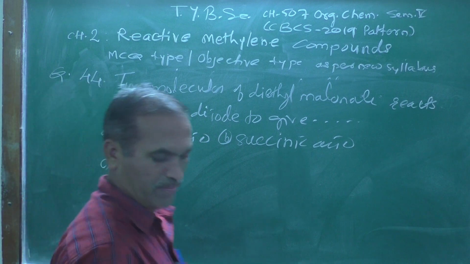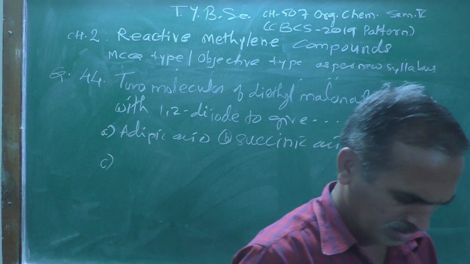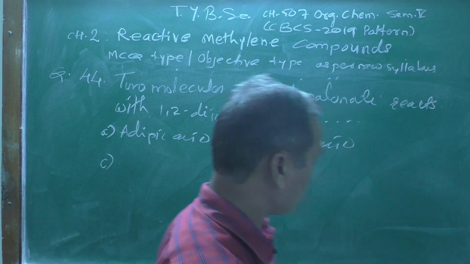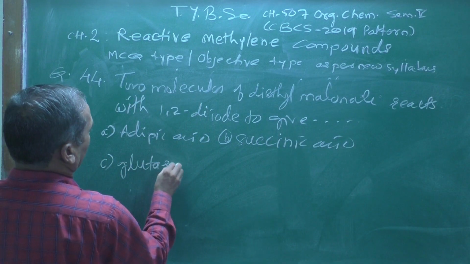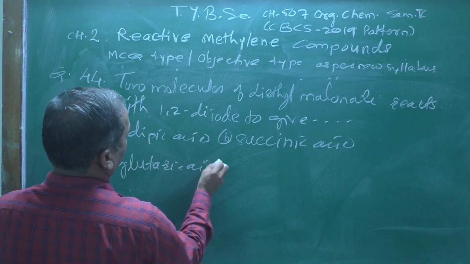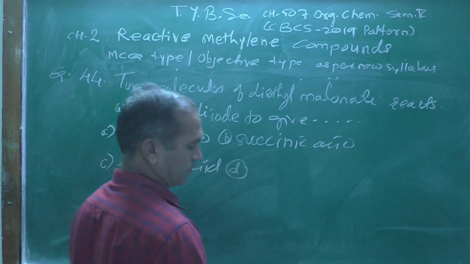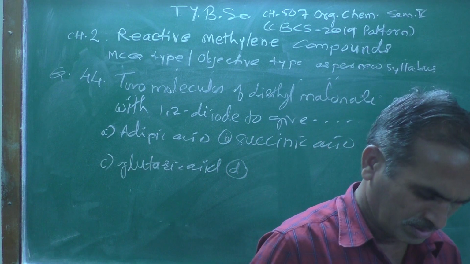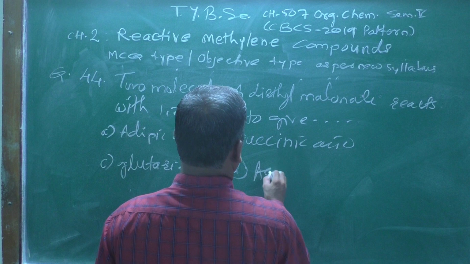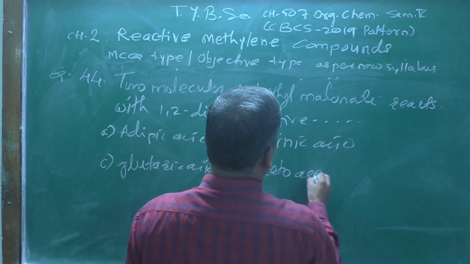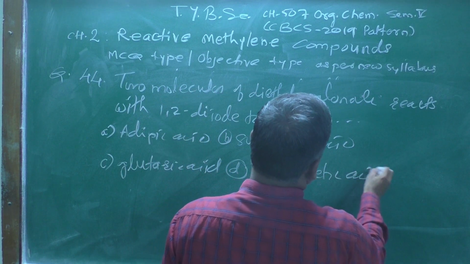C would be glutaric acid, and D would be acetoacetic acid.